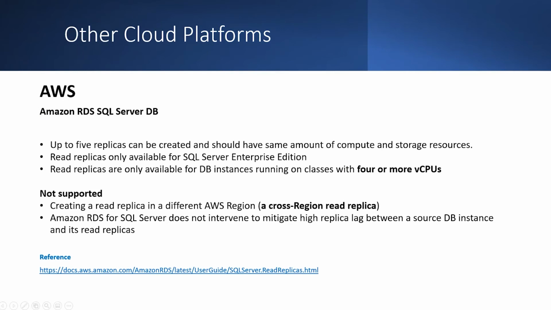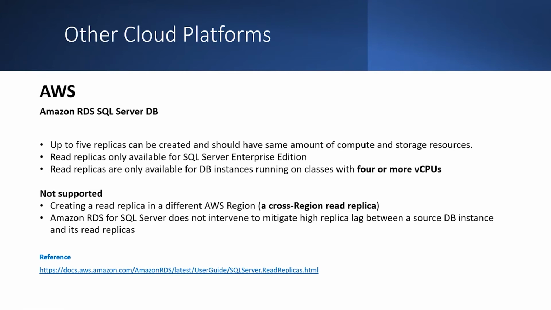Now, how do we compare to other clouds? Well, I'm not intending here to compare everything and all the offers. We're only talking in this presentation about Geo-Replication. For example, if you want to deploy SQL Server in AWS RDS, they do not support cross-region read replicas.